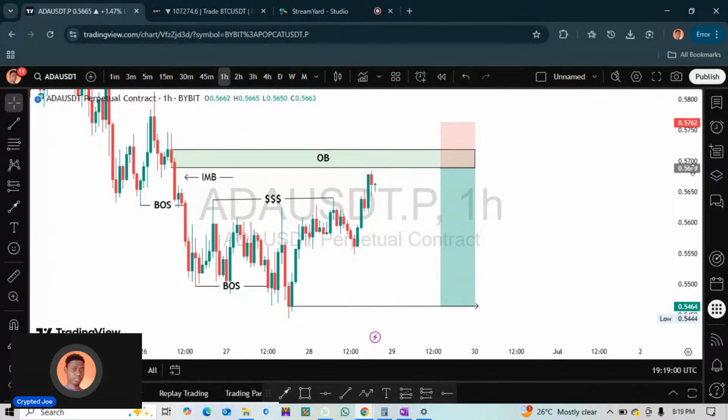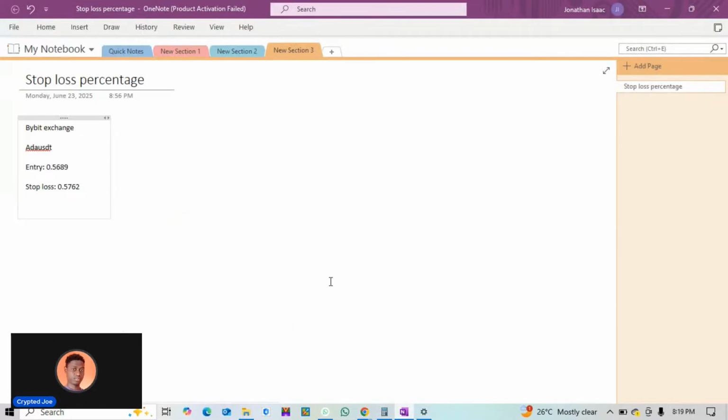The one in black or ash is your entry, the one in red is your stop loss, and the one in green is your take profit. So our take profit is 0.5464. What else? Okay.